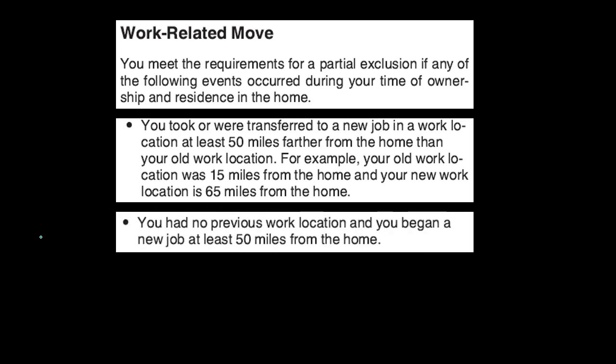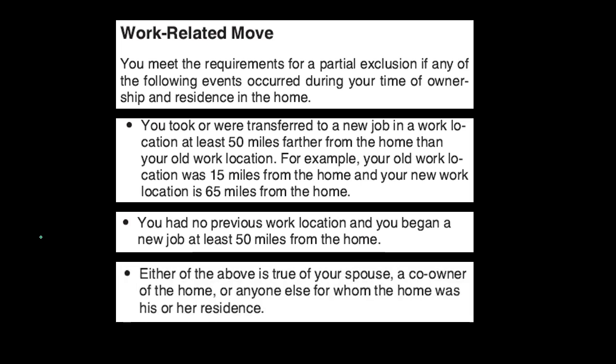You had no previous work location and you began a new job at least 50 miles from the home. Either of the above is true of your spouse, co-owner of the home, or anyone else for whom the home was his or her residence. So these are going to be the conditions for the work-related move.